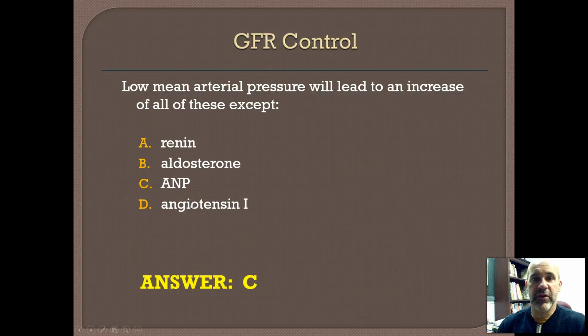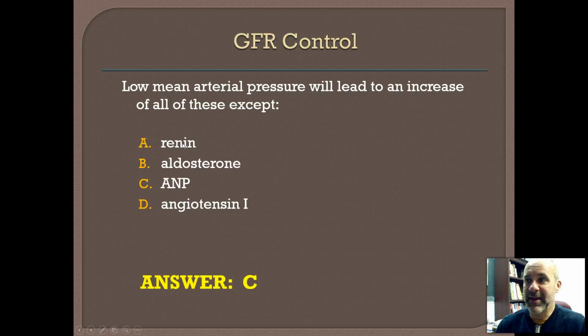All right, when blood pressure is low, your glomerular filtration rate will be low because you don't have as much blood flowing as quickly into the glomeruli where filtration will occur. That causes renin to be released. You've got those granular cells we just took a look at that are right there close to where the afferent arteriole meets the glomerulus.